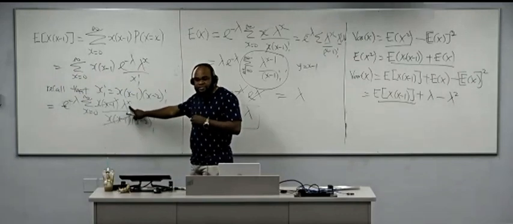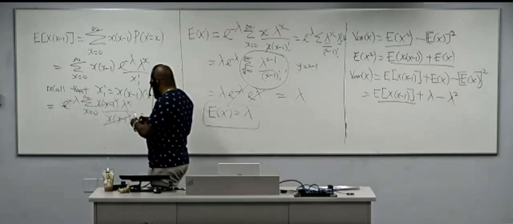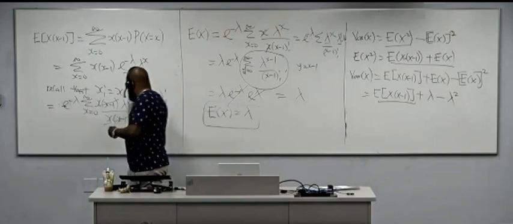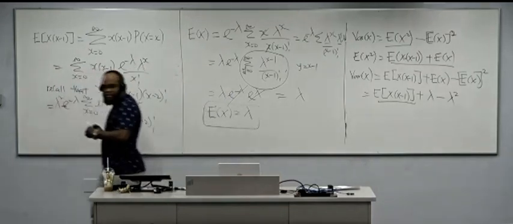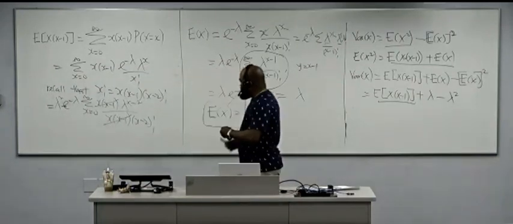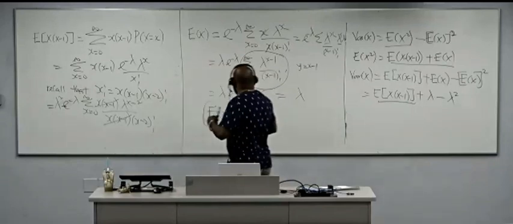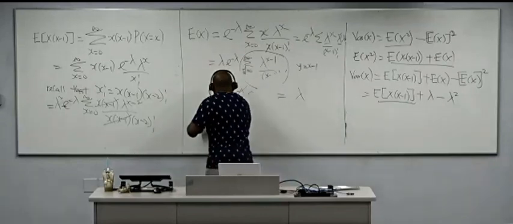So here this guy is going to come out, right? Then I'm going to have x into x minus 1, lambda raised to power x divided by x into x minus 1, x minus 2 factorial, so that this guy cancels that guy. You remember what I did the other time? This is carrying x, right? But this is x minus 2. I can just put a negative 2 and put a lambda squared. You see that? So that's what I'm going to have next.